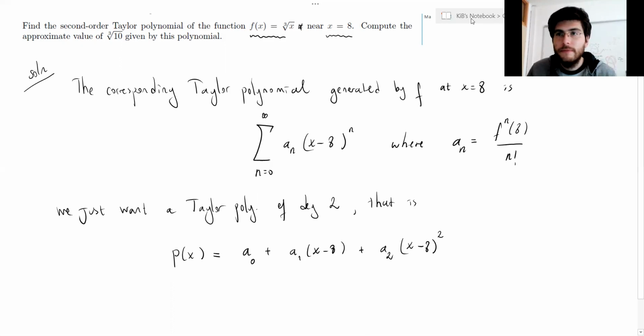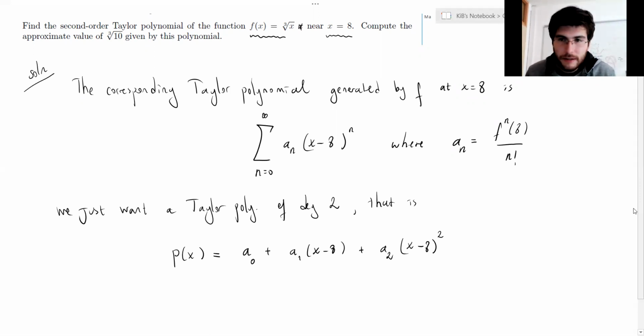Okay, so that's it. This is the second order term basically. That's all. We just want that much of the polynomial, at most degree 2. So we try to approximate the value of f by using this polynomial. This is the idea.